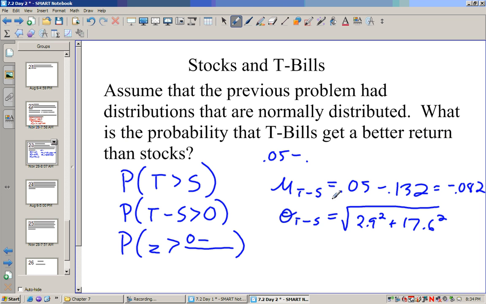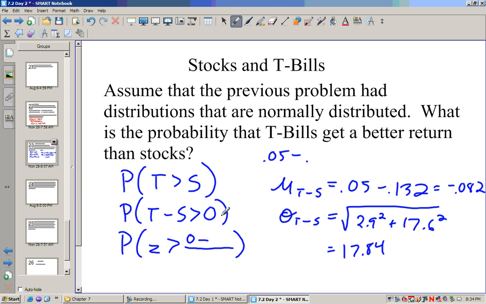The thing that's confusing to people is even though there's subtraction here, we add in here. It doesn't matter if it's subtraction or addition here. Right here, we always add in our formula. So we take 2.9 squared plus 17.6 squared, and I find the square root of that number, and I have 17.84, say.